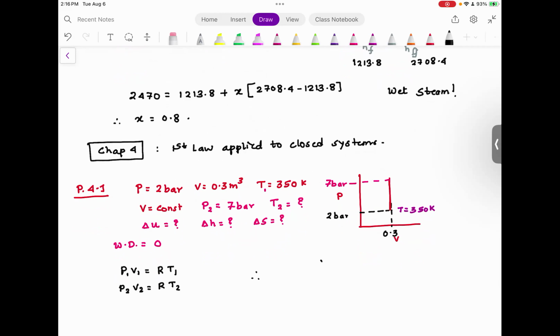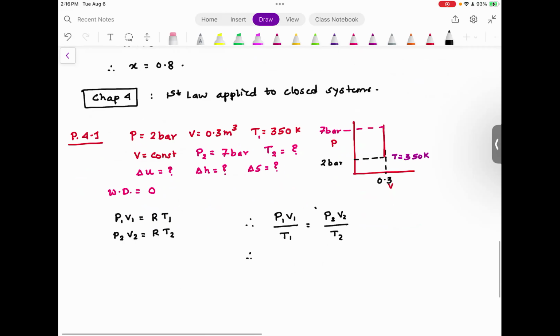So I can use the equation P1 V1 divided by T1 is equal to P2 V2 divided by T2. Initial pressure is 2 bar. Since it's a constant volume process, I can take V1 is equal to V2, so it cancels out.